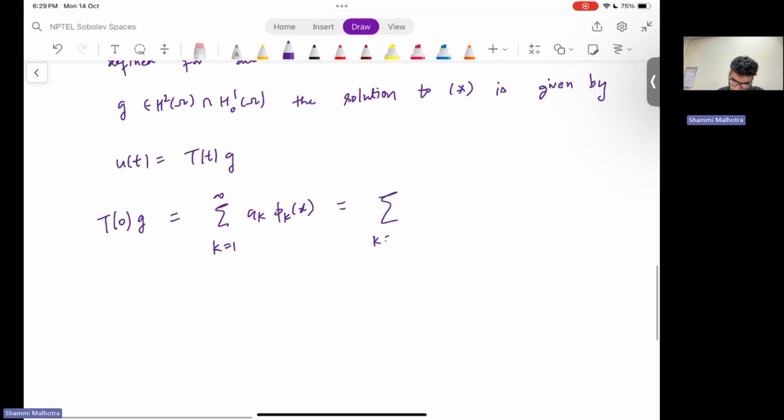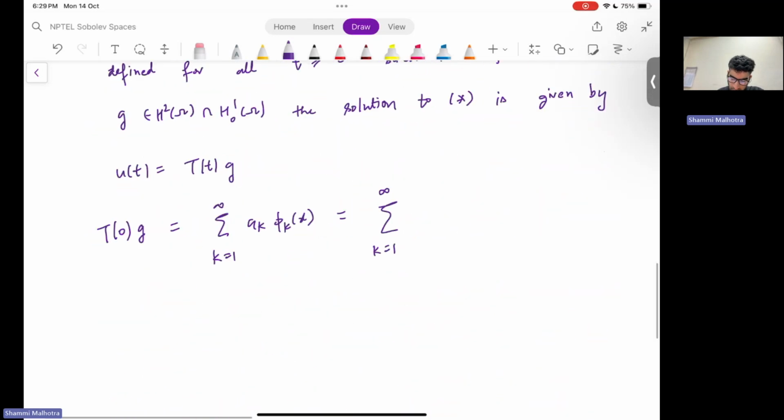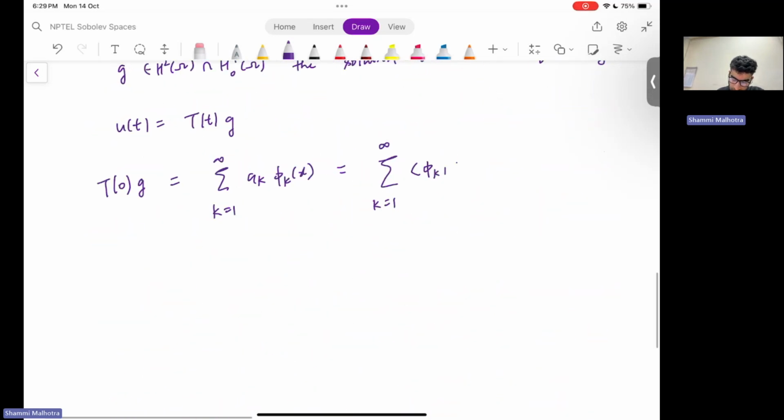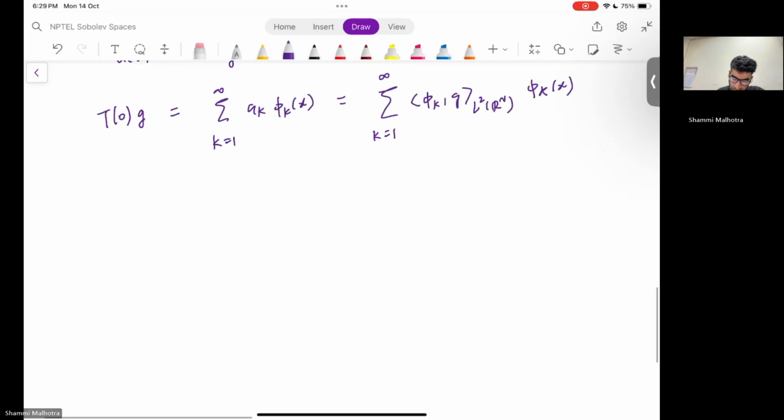If we put the value of a_k, which as I mentioned earlier is the inner product of phi_k with g, the L2 product, and these are an orthonormal basis, then this is nothing but the orthogonal expansion of g only.